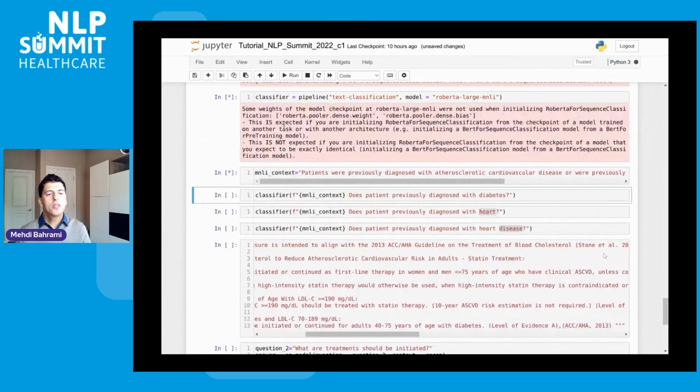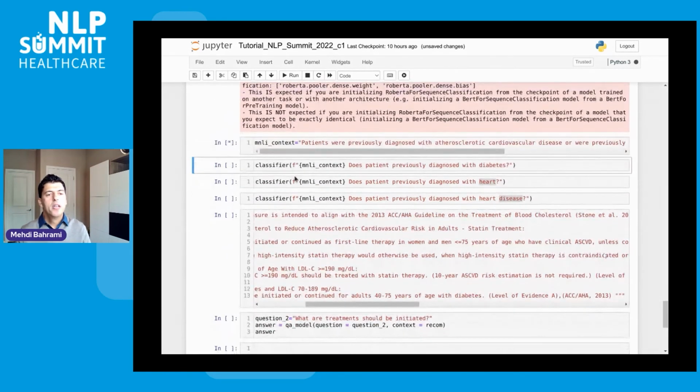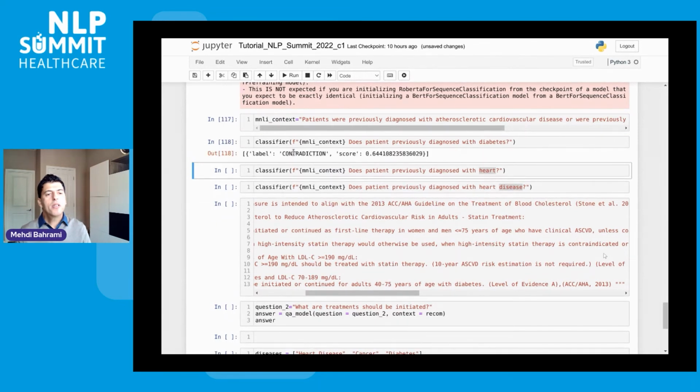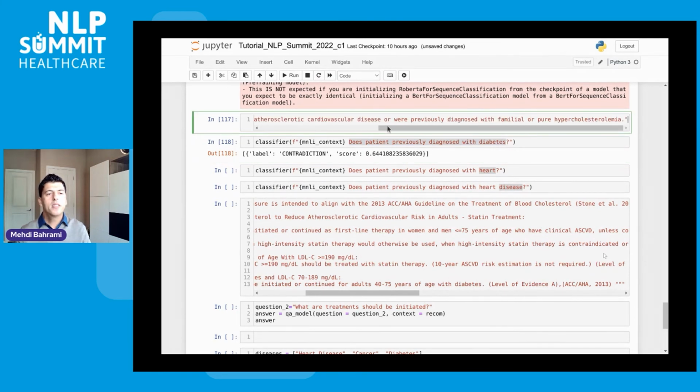So basically, I'm asking, does the patient have a previous diagnosis of diabetes? If you ask this question, you can see it shows three different classes. One is a contradiction, because the context is relevant to heart disease, so it's not relevant to diabetes.